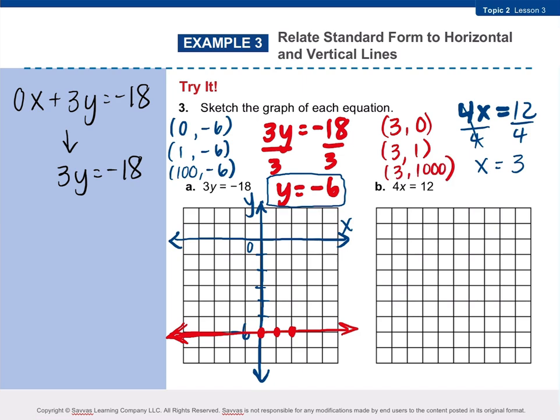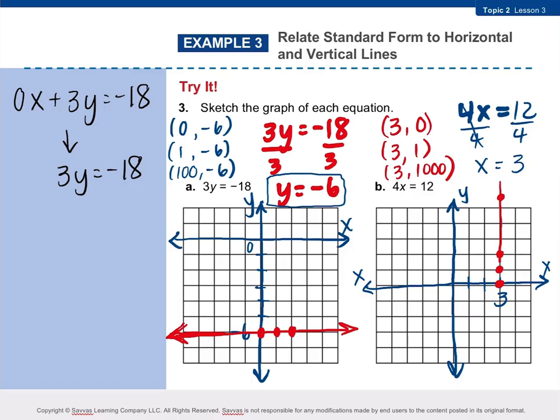So if I graph this, I have my y-axis. I have my x-axis. I think x equals 3 will be visible on there. And so at x is 3, I will have a point at 3, 0, 3, 1, 3, 2, 3, 1,000, way off the graph, right?